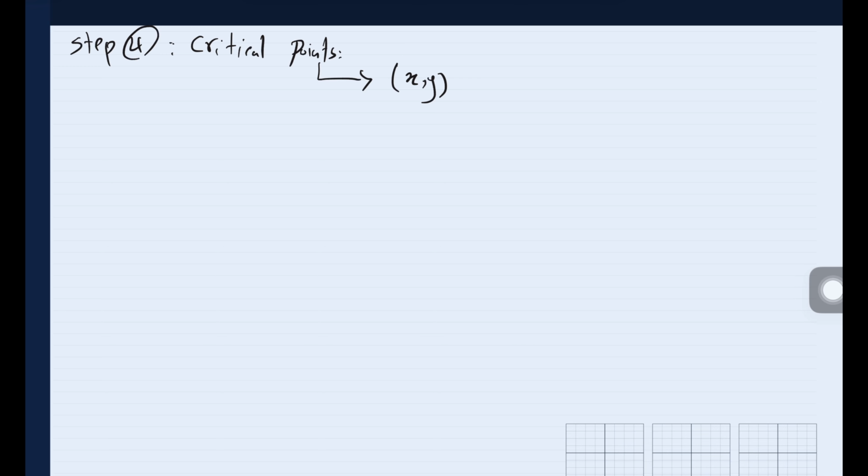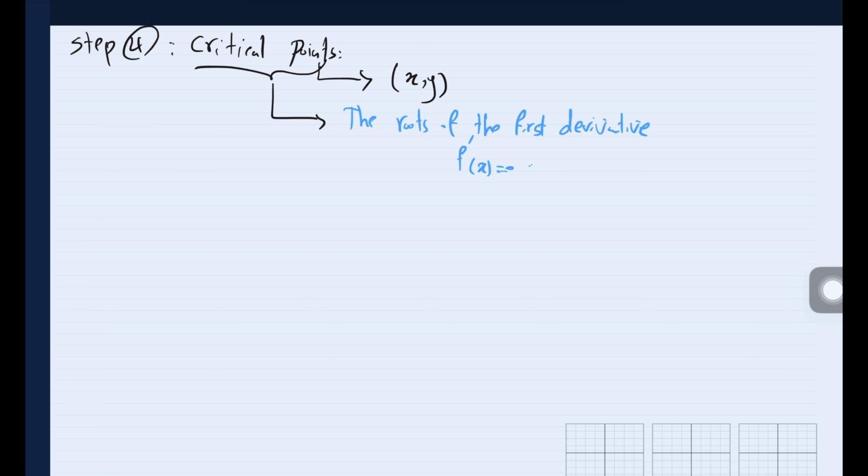A critical point is a point where the first derivative is 0, so critical points are the roots of the first derivative, which means f prime x equals 0.